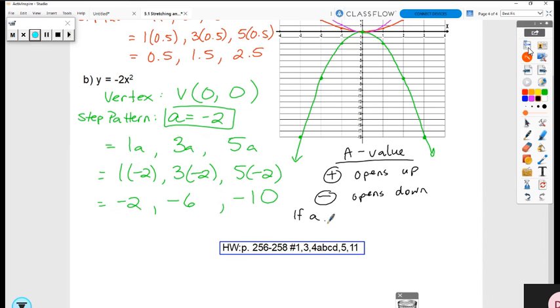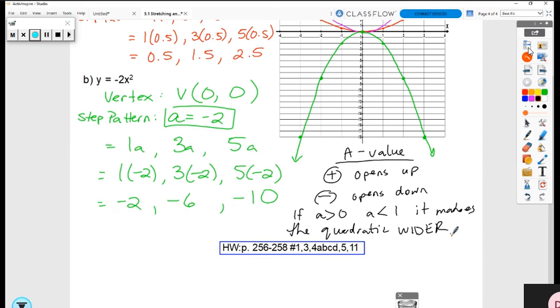If A is greater than 0 and A is less than 1, guys, what's going on with me? I'm fumbling the ball here. It makes the quadratic wider.